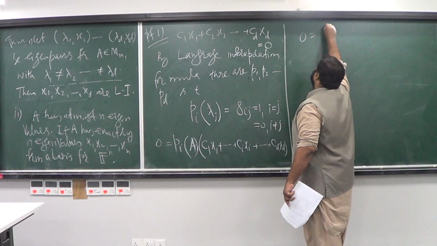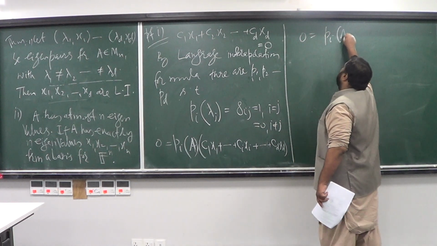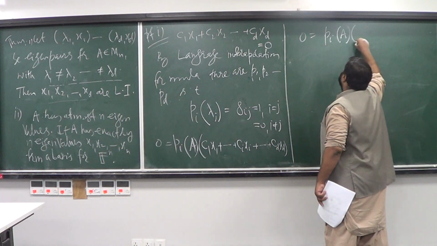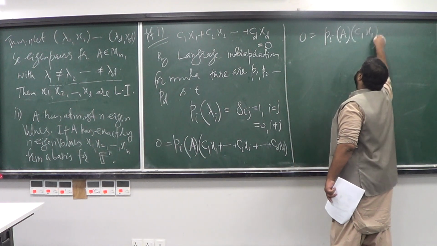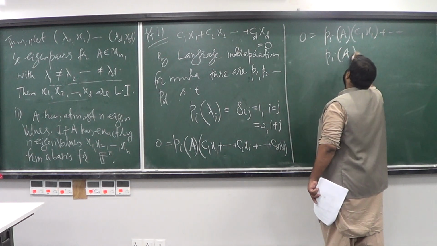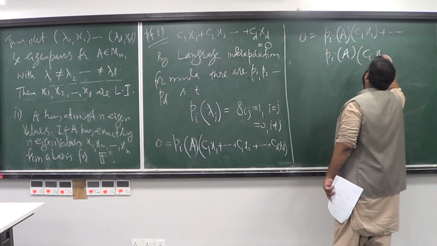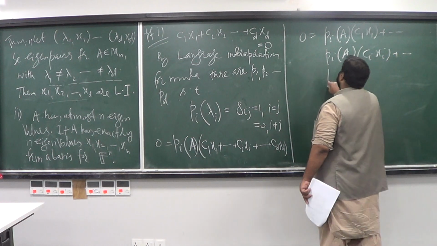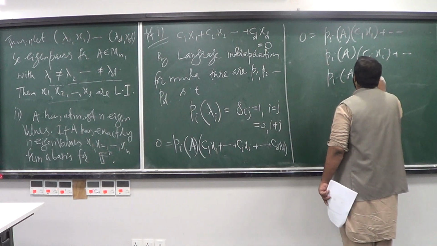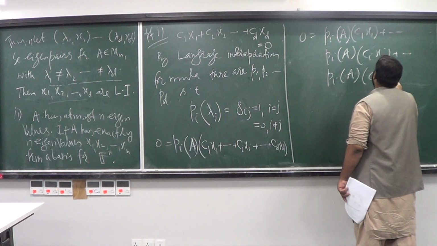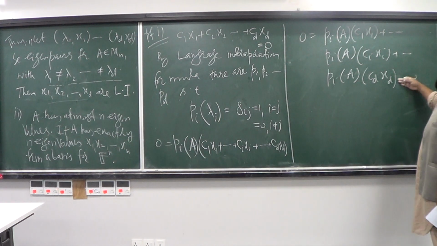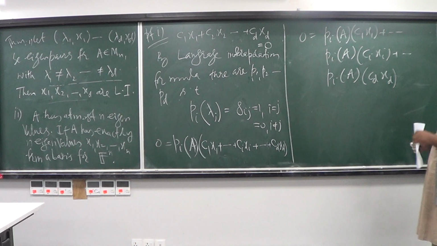And 0 equals Pi of A operated onto c1 x1 plus so on and so forth, Pi of A operated onto ci xi, plus so on and so forth, plus Pi of A operated onto cd xd, all of this equal to 0.